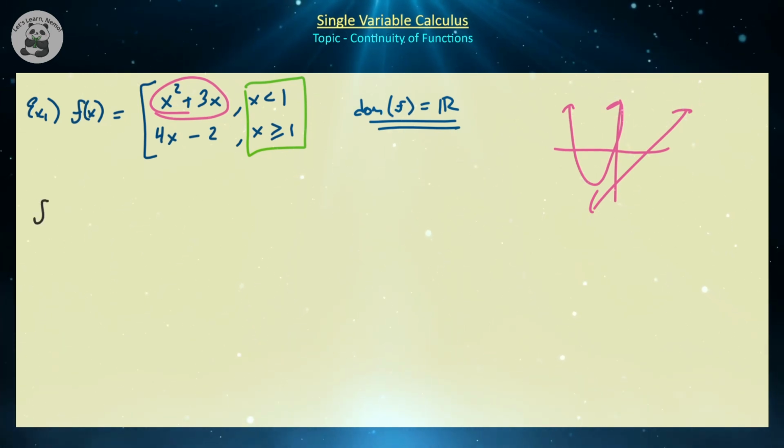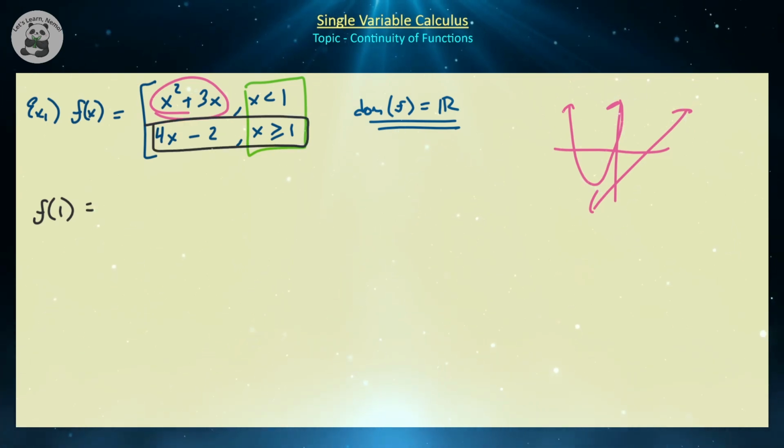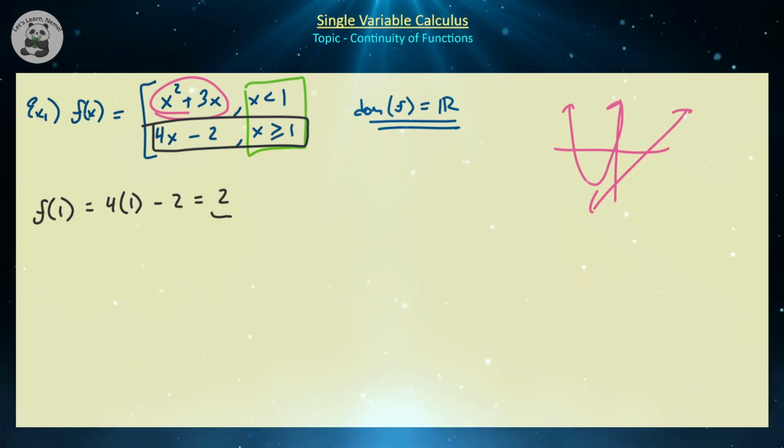So let's evaluate f of 1. We know that this function is defined at 1 for the second piece, so this is just going to be equal to 4 times 1 minus 2, which is equal to 2. So, if this function truly is continuous at x equals 1, the left-hand limit and the right-hand limit both must be equal to 2 as x approaches 1. So let's test that to see what's going on there.